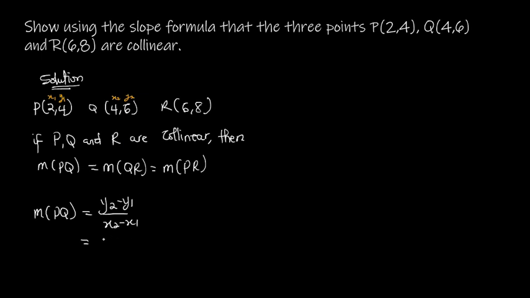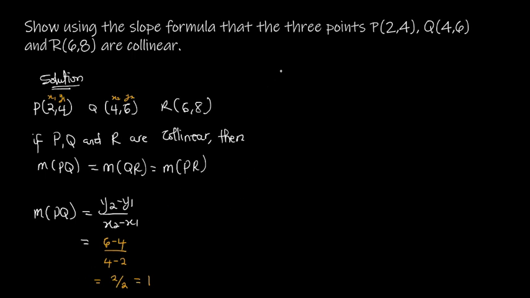So my y2 is 6 minus my y1, which is 4, over my x2, which is 4, minus my x1, which is 2. This gives me 6 minus 4 is 2, over 4 minus 2 is also 2, and this is equal to 1. So the gradient of PQ is 1.